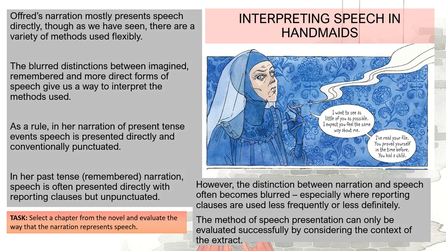Making a decision about whether it's indirect or direct, and then examining how that functions in the context of the extract. A great idea would be for you to look at a chapter or an extended passage of the novel now and to apply your understanding of different forms of speech representation to that passage, and write an evaluation of the way that the narration is representing speech in this context.